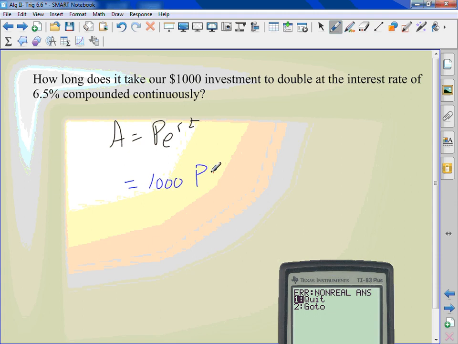That's my P. E means e. My rate is still 0.065. I want to find out the time. Now I want my amount to double, so it's 2,000. In other words, 2 equals e to the 0.065t.